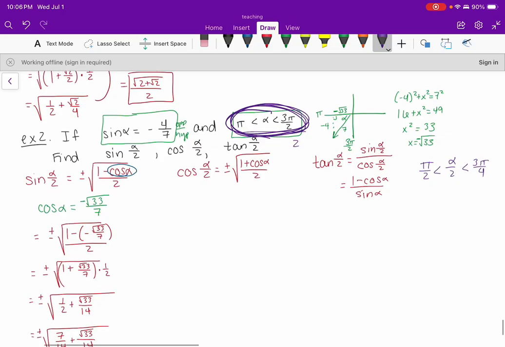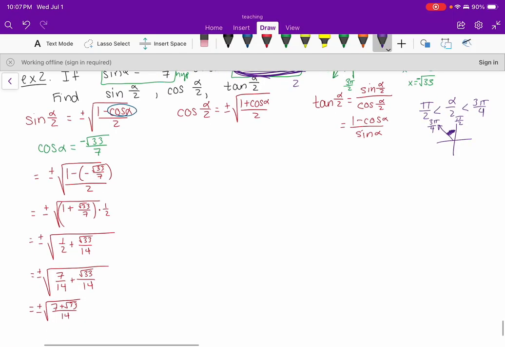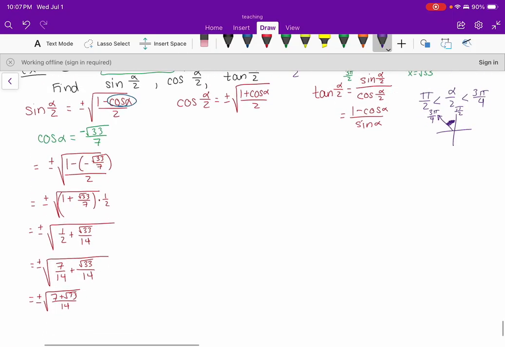Pi over 2 is 90 degrees. 3 pi over 4 is right in the middle of quadrant 2. So that puts alpha over 2 somewhere in here. What this tells us is that we're in quadrant 2. Sine is positive in quadrant 2. So my final answer here is positive square root of (7 plus square root 33) over 14.